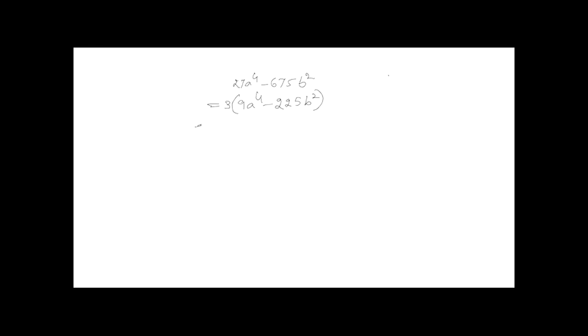We can take 9 as a common factor. Do you want to take 9 as a common factor or 27? 27, ma'am. 27 a to the power 4 minus 675 divided by 27. 3 9s are 27, 3 2s are 6, 3 5s are 15.